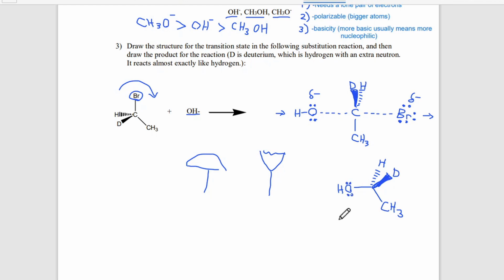So that would be your product. When you turn this around, the original look of this molecule is you have the deuterium out this way, the hydrogen is in the back, the deuterium is in the front, and you have the bromine here and the CH3 here.